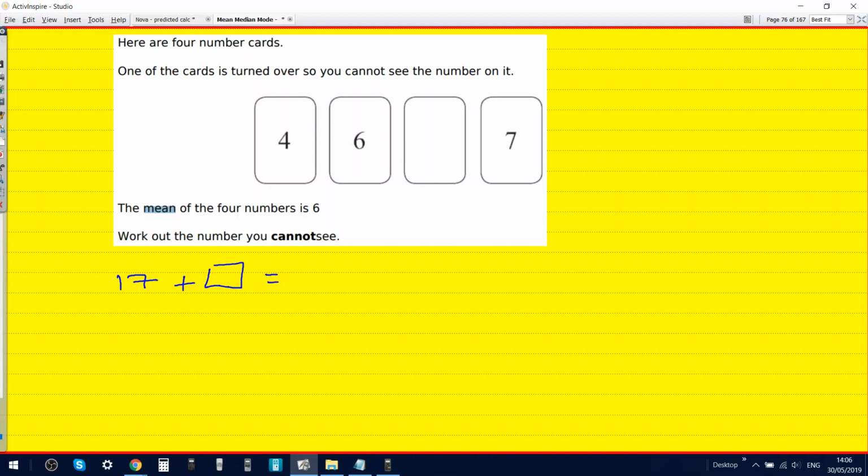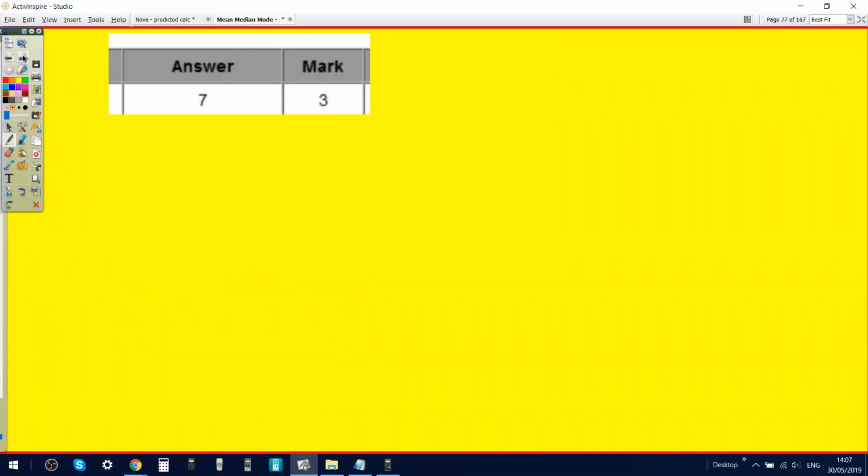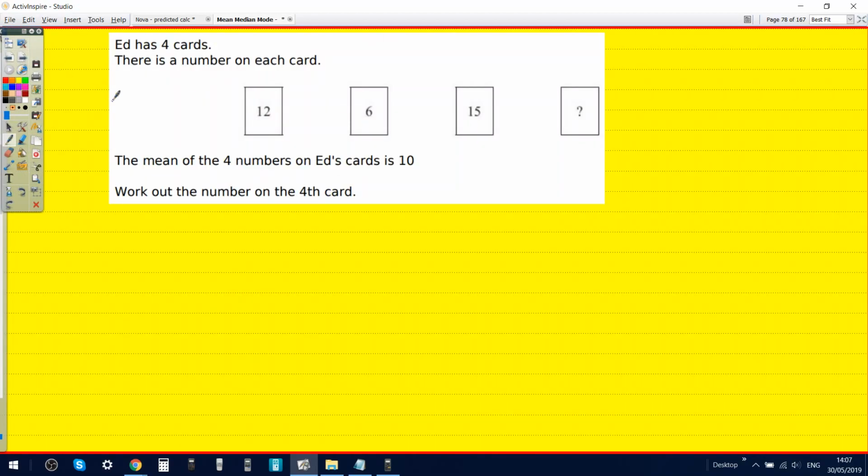Which is 24. So it has to add up to 24. And then 24 minus 17 gives you your answer. So that's 7. That's it. Very similar.